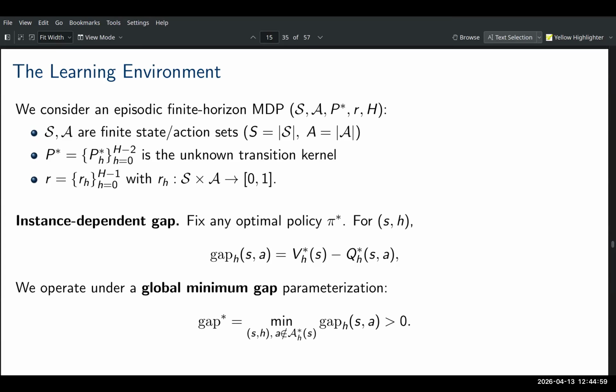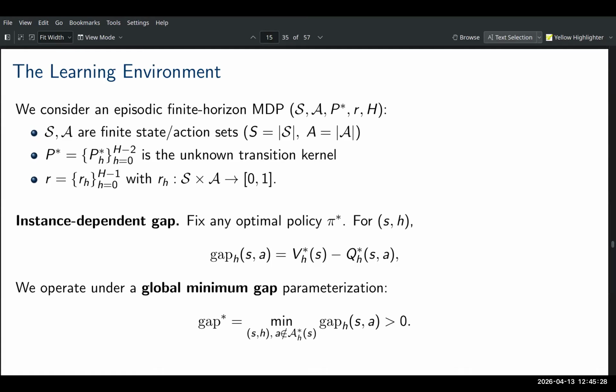So the second best action would be if I maximize over all the actions that are not optimal. This gap basically tells you if you would have followed the best policy, this is what you would have gotten starting from episode H and state S. But you decided to take the action A and then follow the best policy. This is how much you deviate from the best outcome.